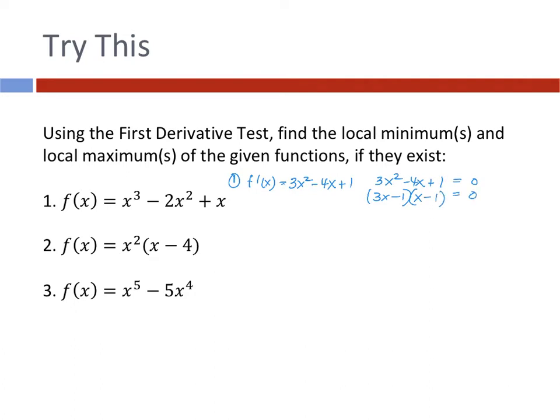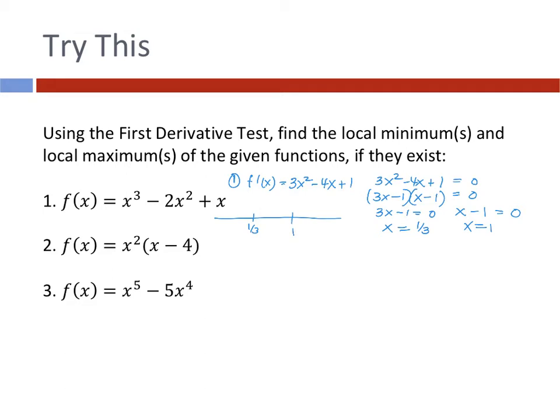So then if we have the product of two things equaling 0, we set each of them equal to 0. So 3x minus 1 equals 0, and x minus 1 equals 0. So here we get x equals 1/3, and here we get x equals 1. So I'm going to put those on a number line. Here's 1/3, and here's 1.